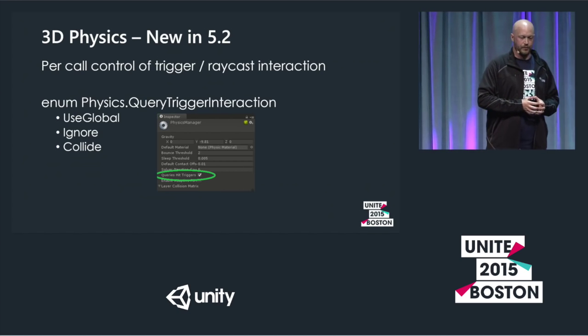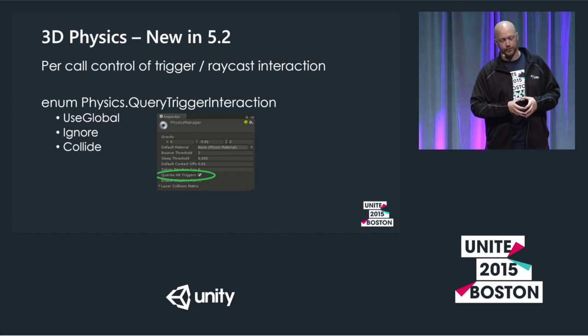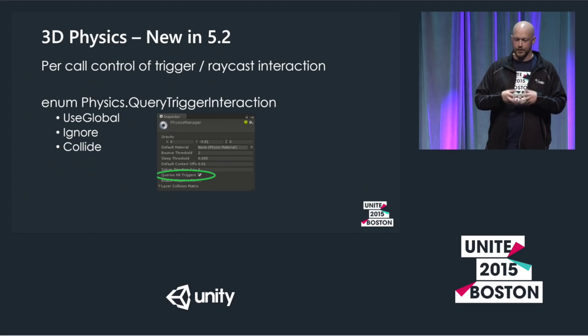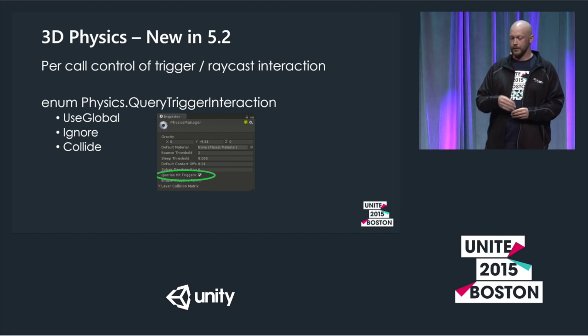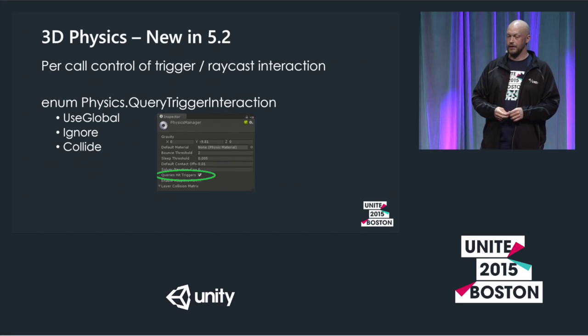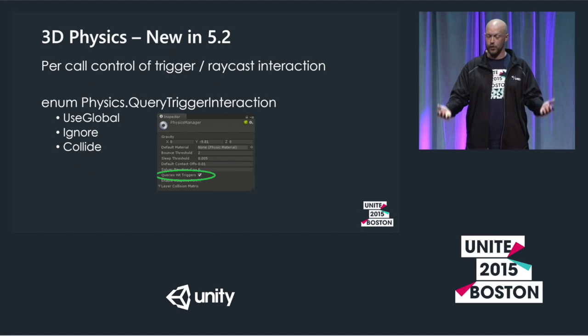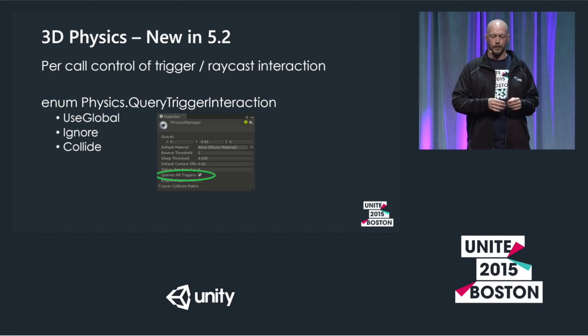So what else have we introduced? Well, we introduced this concept that if you do a raycast or a capsule cast or sphere overlap or any of what we call the scene queries, we want to control on a per raycast basis if your ray actually collides with triggers in the scene.